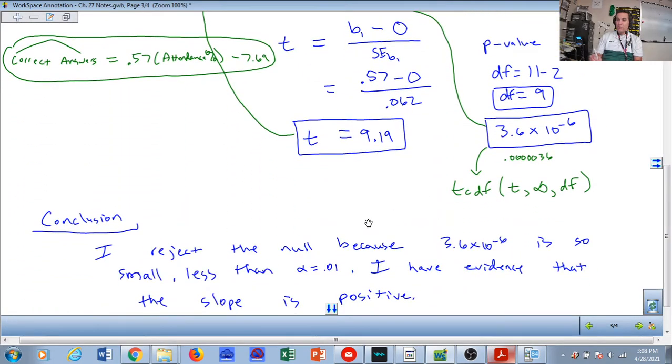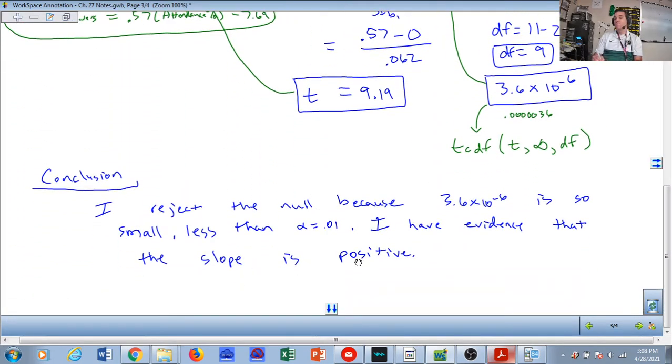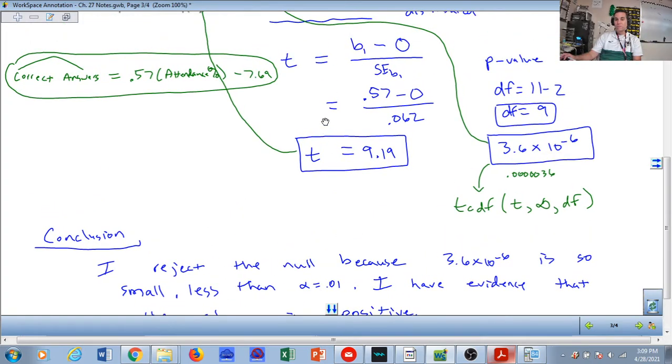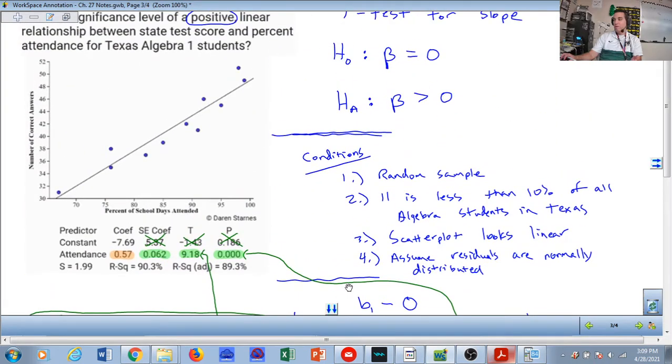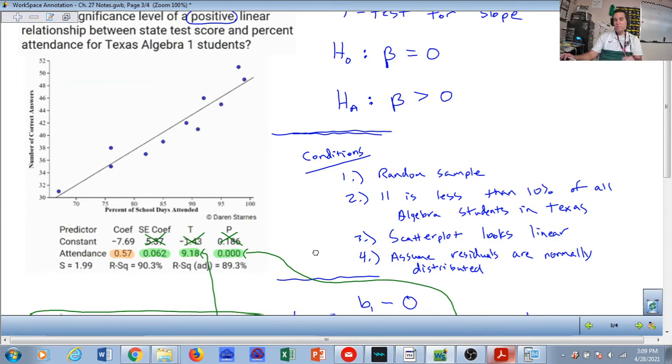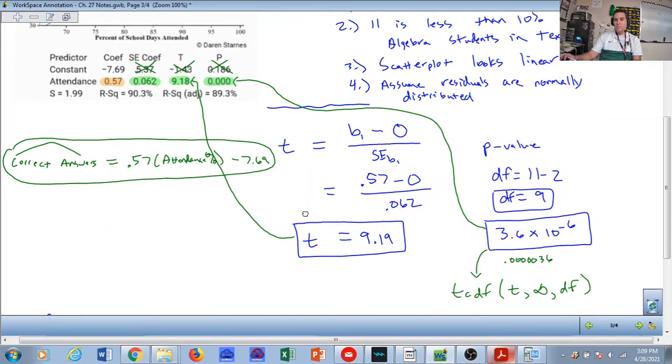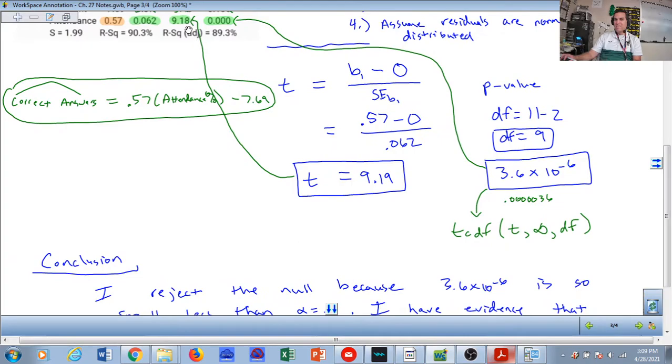We have pretty good proof that it's a positive slope. So as you come to school more, we think your number of correct answers goes up on this math test. There you go. That's not too bad, right? We just did that in 13 minutes. You just ran a t-test for slope, and most of it's given to you, so there's not much to do.